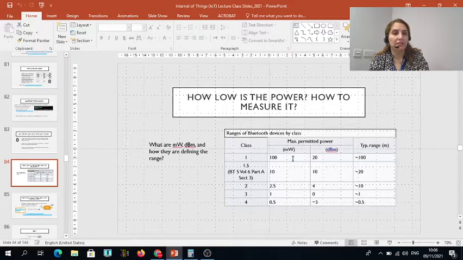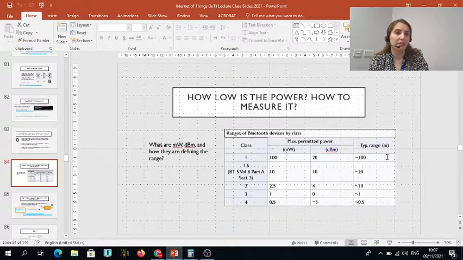One thing to remember, as I explained, is that higher power is directly related to a larger range in meters. Another thing I mentioned is that the range parameter is a theoretical range, and the actual or practical range is related to the way the transmitter and receiver are located.